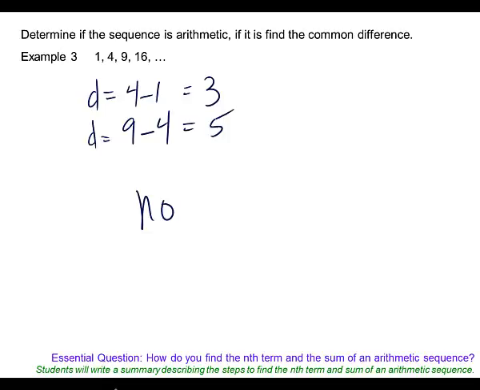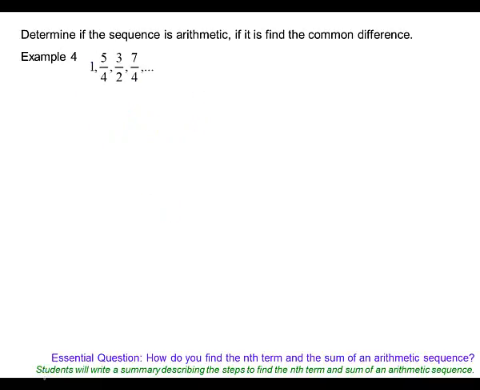Okay. All right, the next one's a little uglier. We've got some fractions. Okay, so really, instead of saying 1, I'd probably say that that is 4 over 4. Yeah, so 5/4 minus 4/4 is what? 1/4. Okay, then I want to look at this.